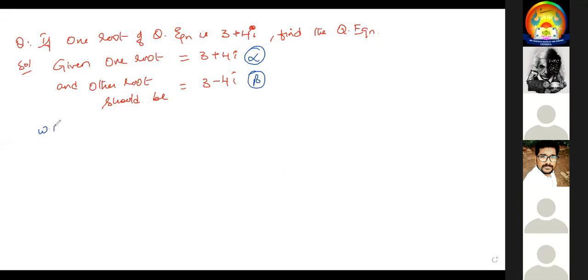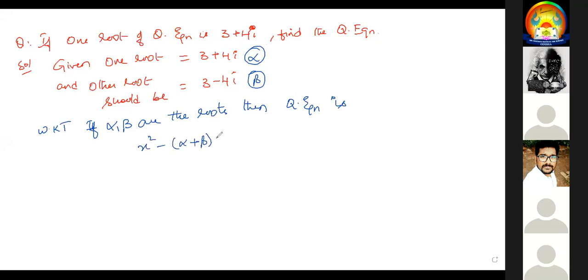Now we know that if alpha, beta are the roots, then the quadratic equation is x square minus (alpha plus beta) into x plus alpha beta equal to 0.